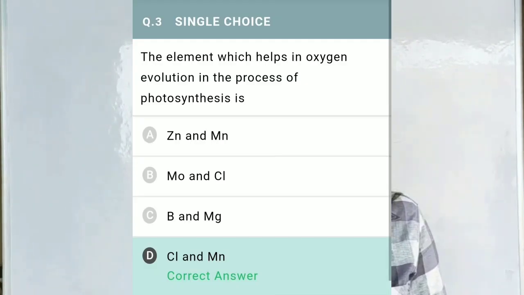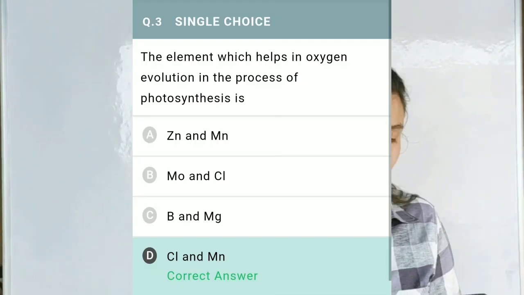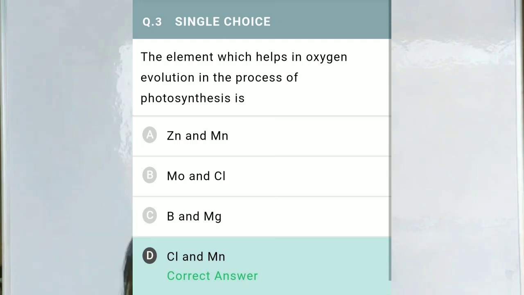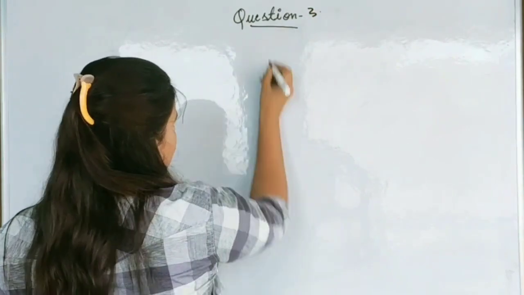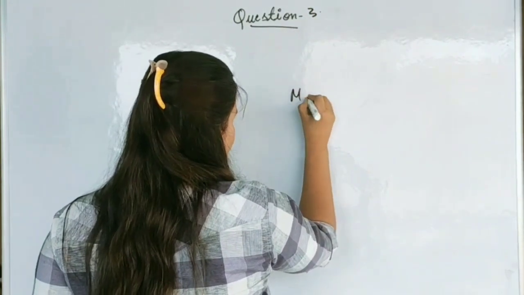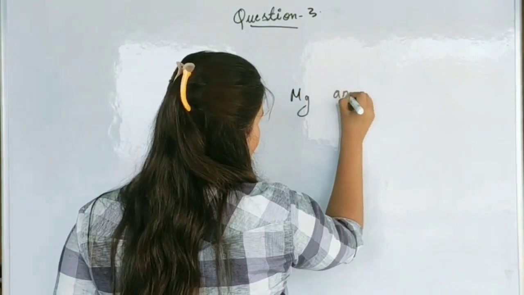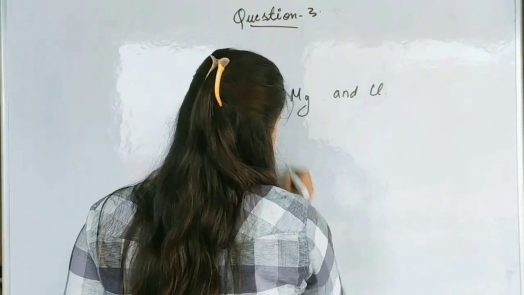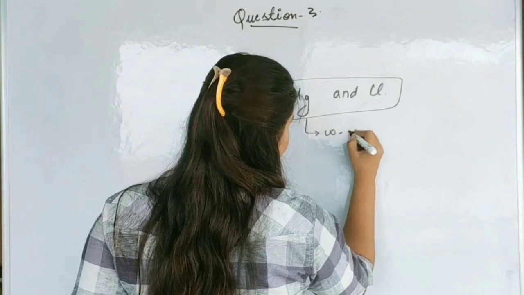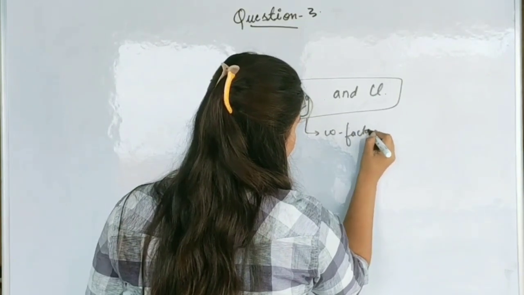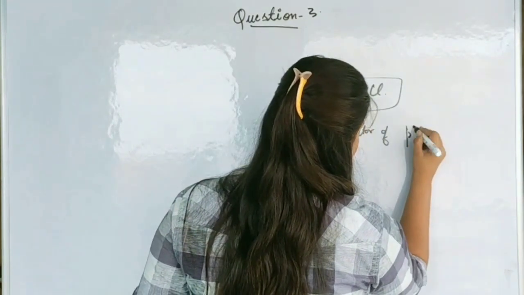The element which helps in oxygen evolution in the process of photosynthesis is. If we talk about the process of photosynthesis, the elements used are magnesium and chlorine. Magnesium and chlorine are the cofactors of photosynthesis.